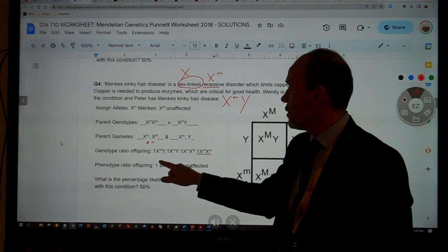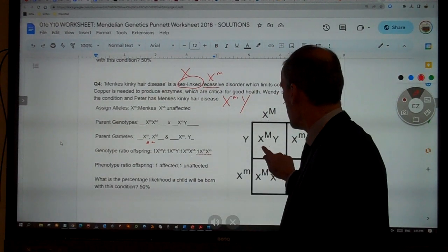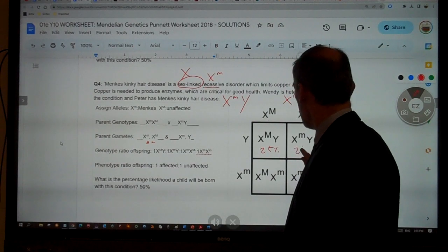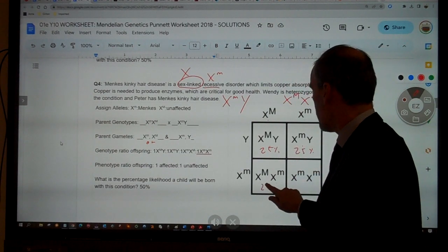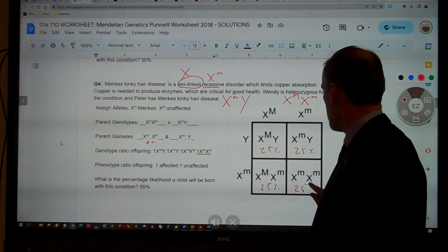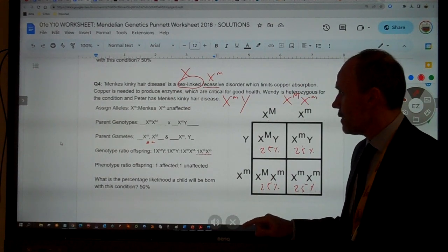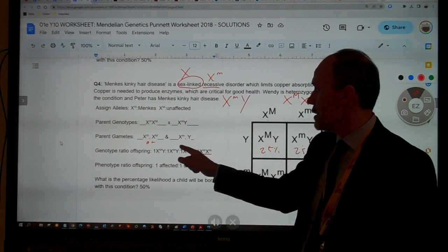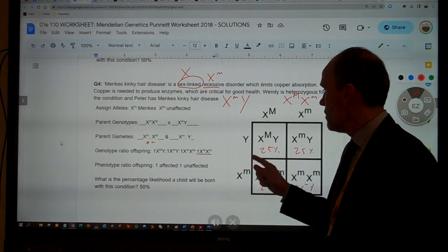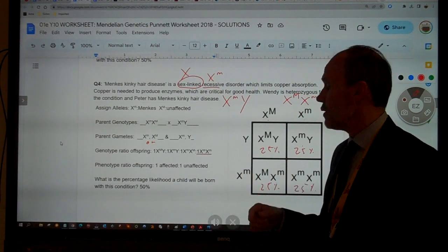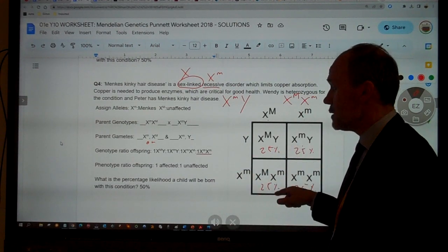Now the genotype, annoyingly, you'd have to write out each one. It's 25% this, 25% this, 25% this, and a final 25% this. Or you've got a ratio of 1 to 1 to 1 to 1, okay? Meaning 25%, 25%, 25%, 25%. So it's a bit of a mixed bag.